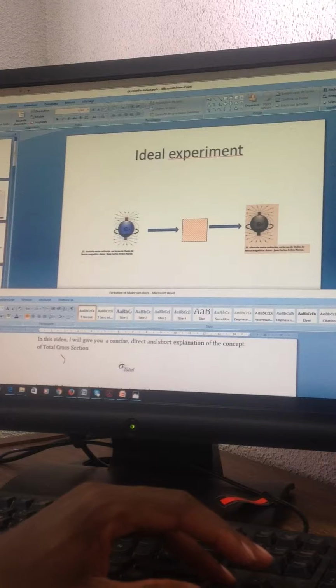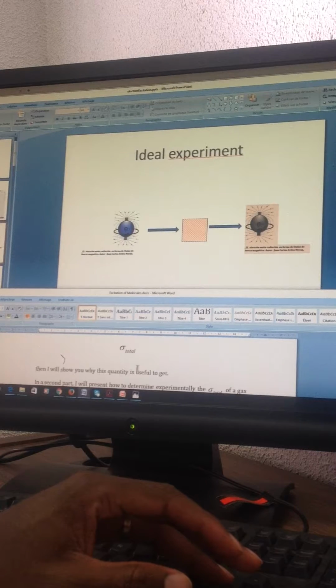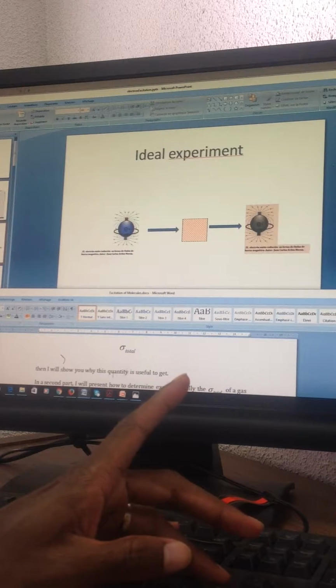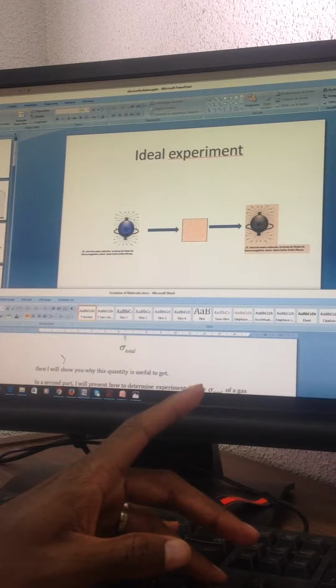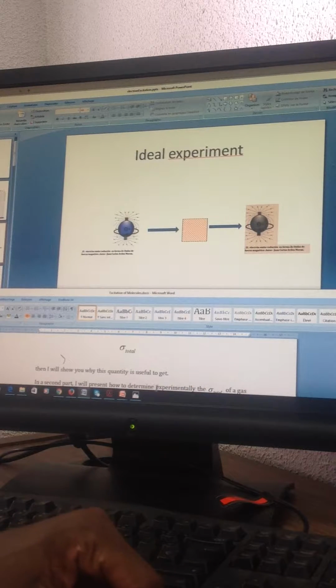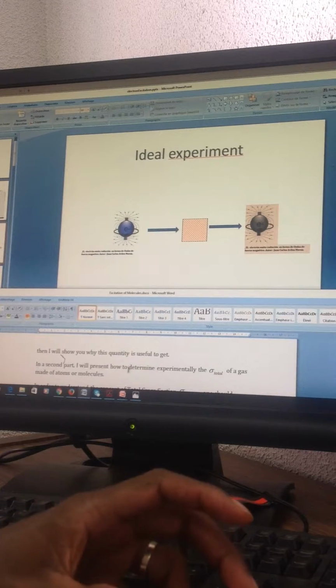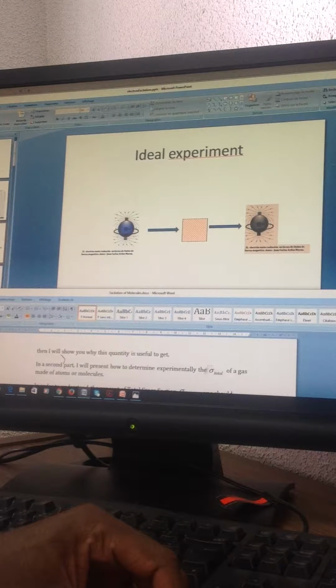And then I will show you why this quantity, the total cross-section, is useful to get. In the second part, I will present how to determine experimentally the total cross-section.